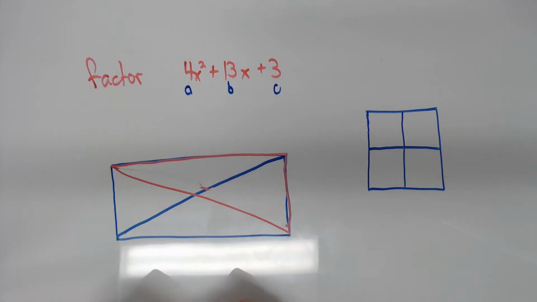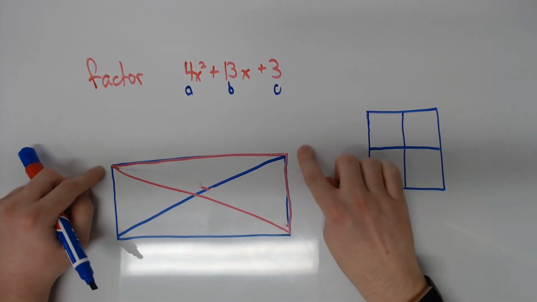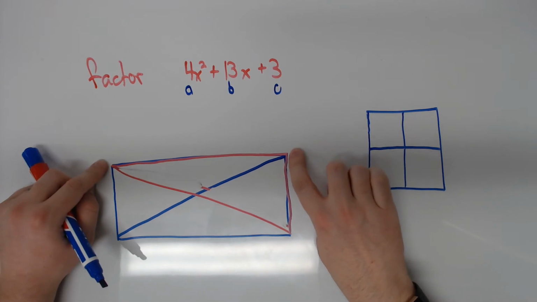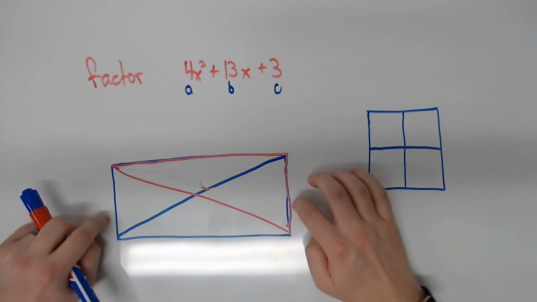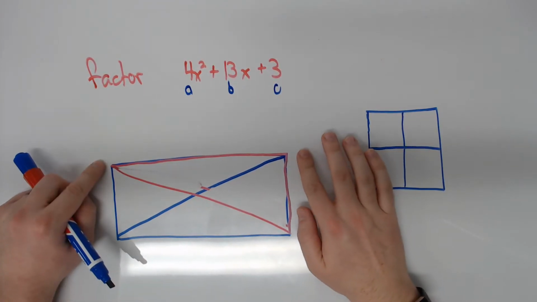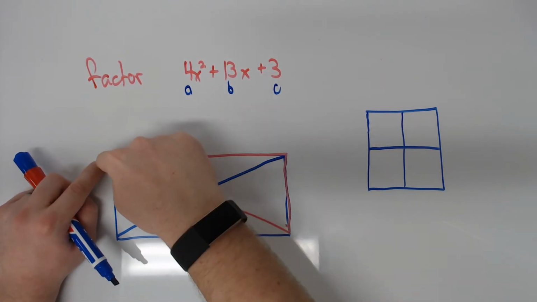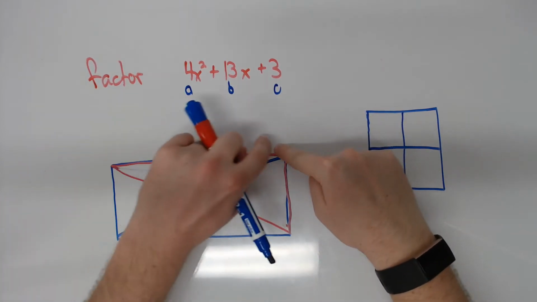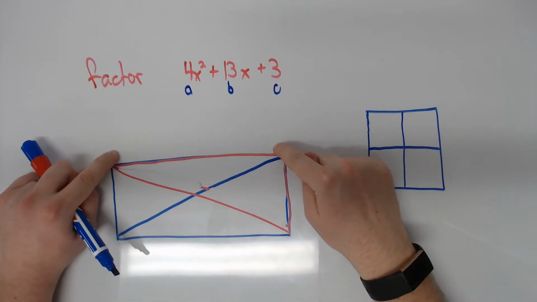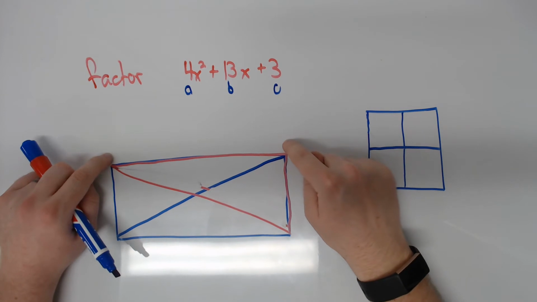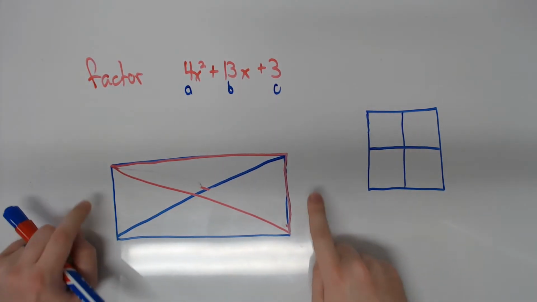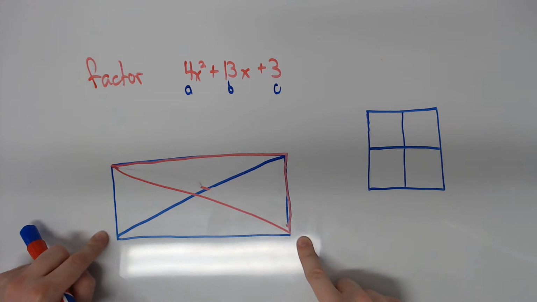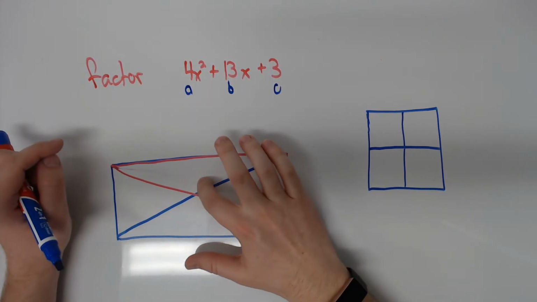These two triangles are the same. Okay, how do we know that? Well, the width and the height match on each side. So this triangle and this triangle share a side, the red and the blue one. The red triangle down the side and the blue triangle down the side, those sides are also the same. So the diagonals have to be equal.